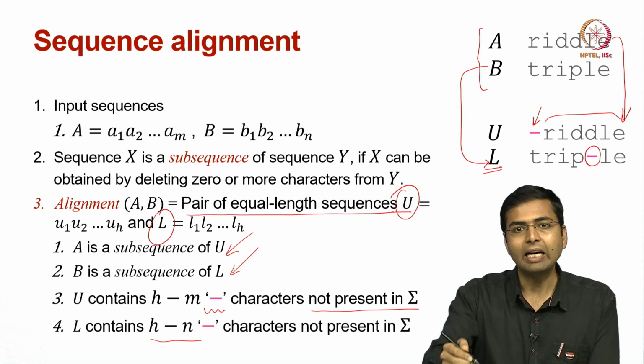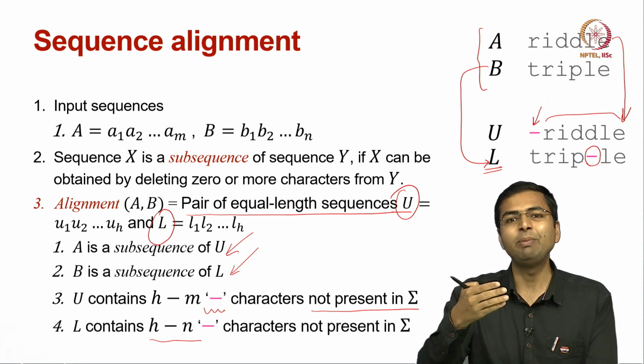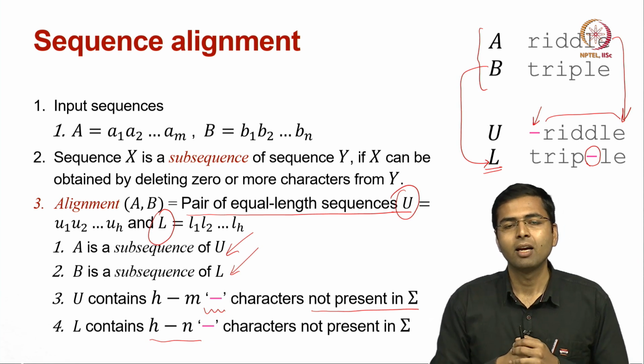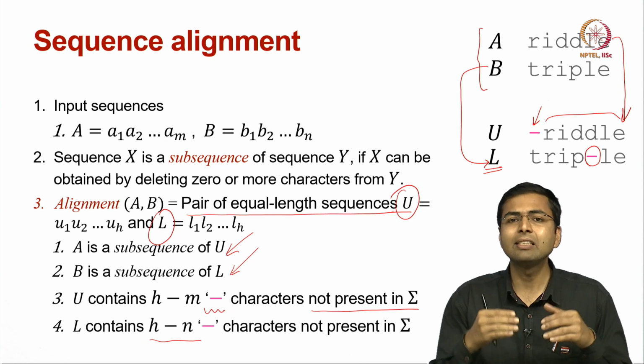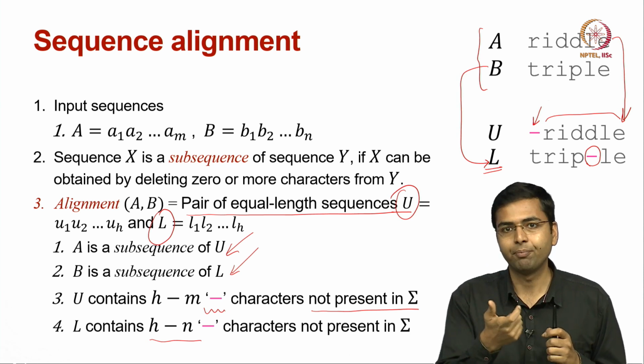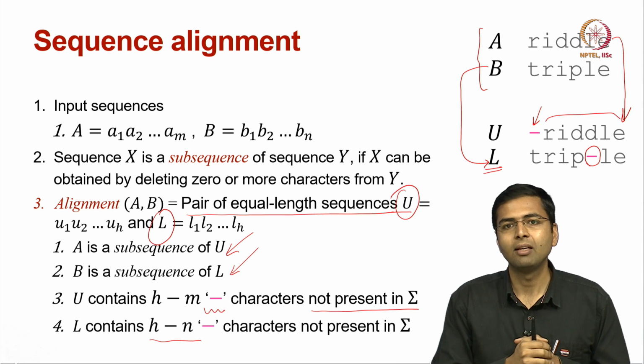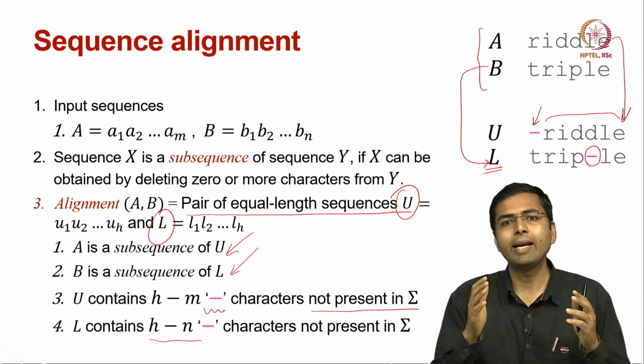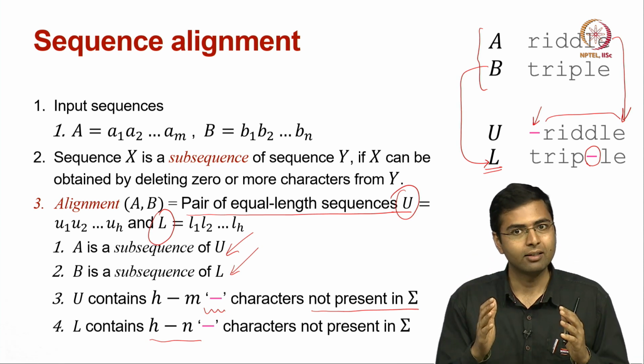If you remove this dash symbol, you get your sequence B back. In some sense, we are constructing these sequences U and L by inserting dash symbols in them, and these U and L sequences are of the same length.